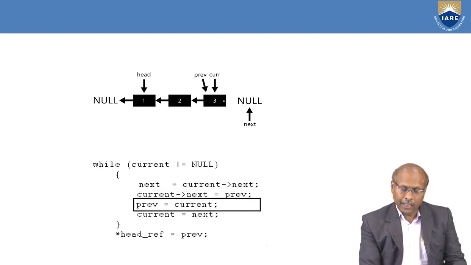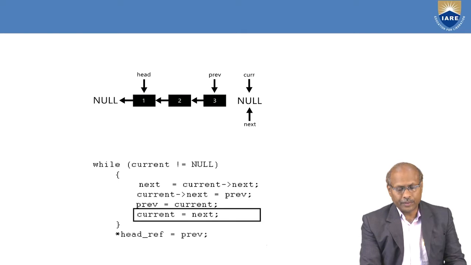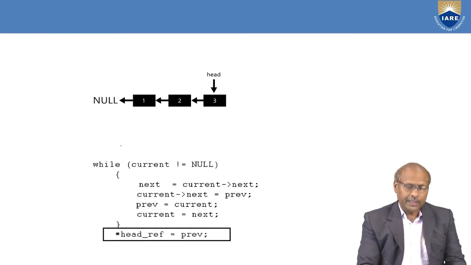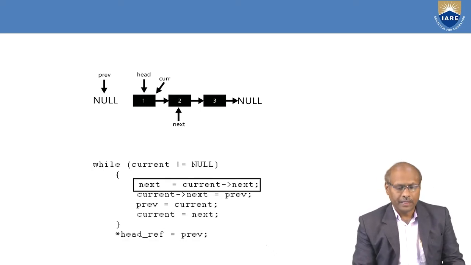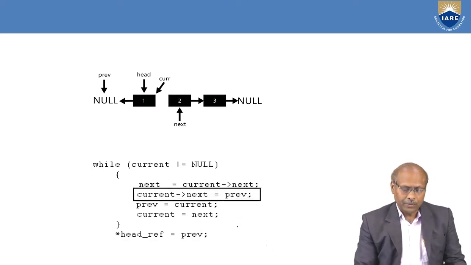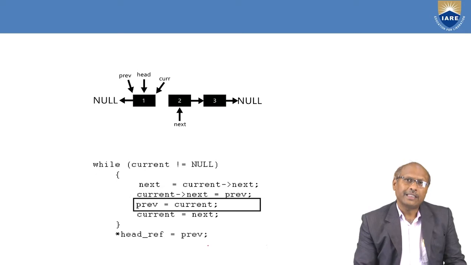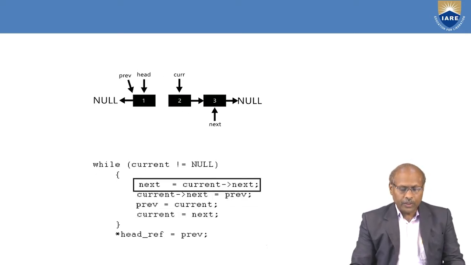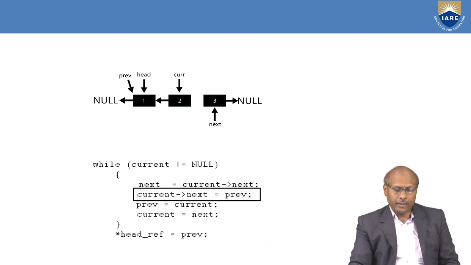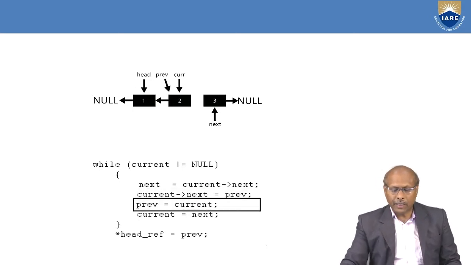Now this third node becomes the head node. This is the way this loop works. So now you have to write a program using Python so that you can reverse the existing list. This is the process you have to implement through the Python program.